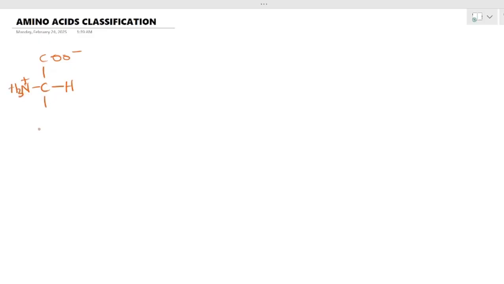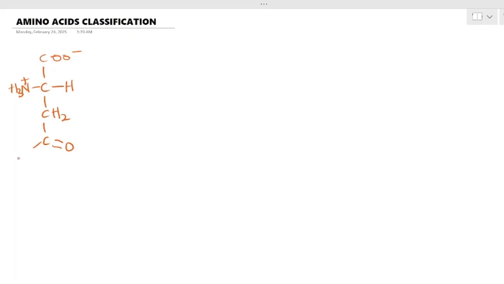Asparagine is related to one of the negatively charged amino acids that we looked at, which is aspartate. If it's the negatively charged one, you have the carboxylic group attached.